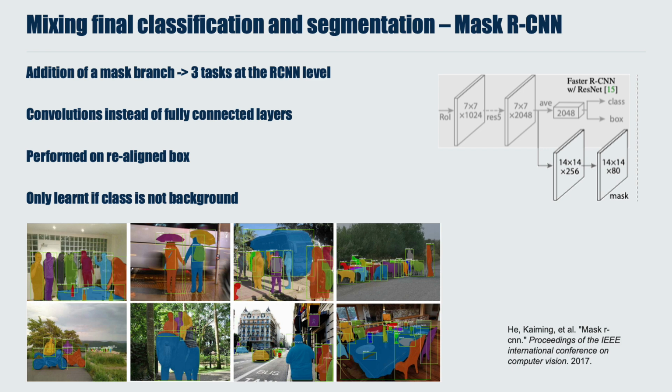It's performed on the realigned box, and it's only learned if the classification of the box is not background. And at the bottom, you see an example of the results with both the boxes, the classifications associated to them, and the instance segmentation in different cases of daily life images.